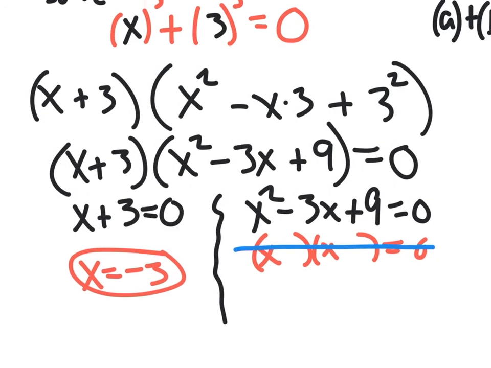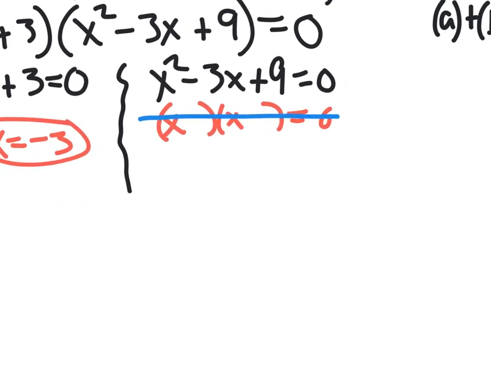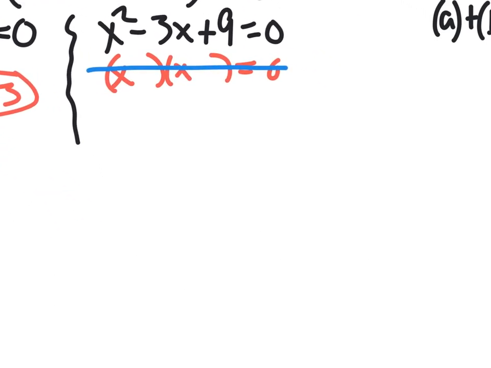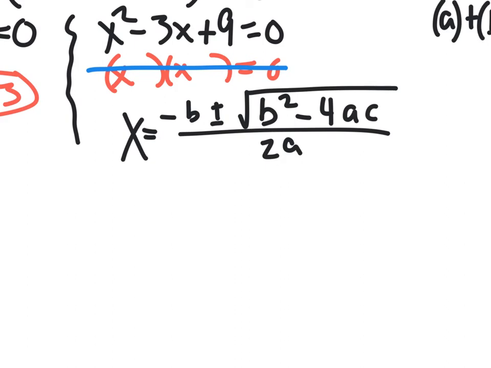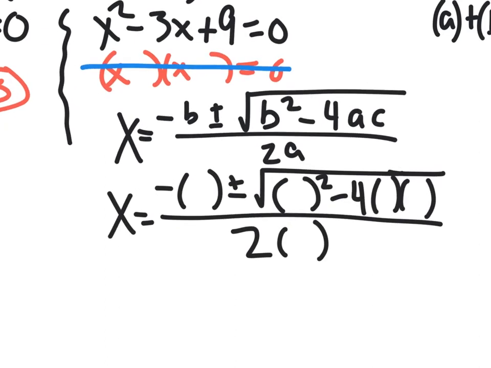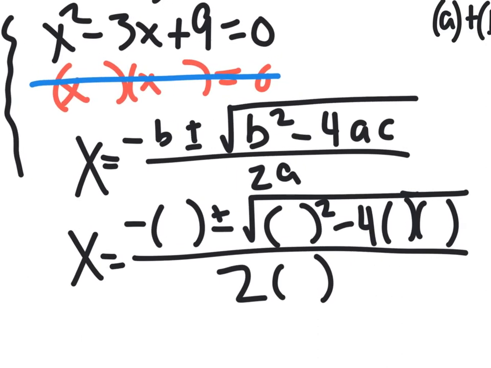So what I'm going to do is scroll this up, make some space. I want to use the quadratic formula for this part right here. There it is. And of course, when you use the quadratic formula, use parentheses to insert your a, b, and c values. So let's plug in our a, b, and c values in there. Our b value is negative 3, the a value is 1, the c value is 9.